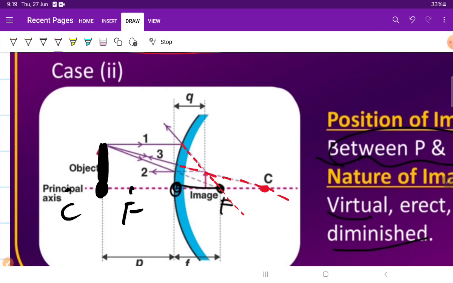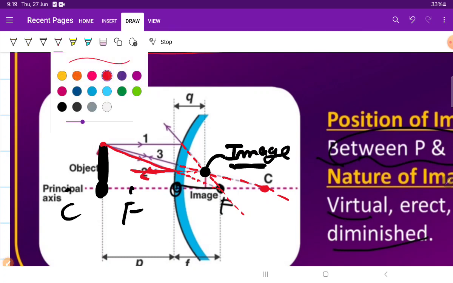Then if we imagine one more line that is coming from the other side and reflected back and becomes parallel to the principal axis. Now imagine the incident ray and the reflected ray. They all are meeting at this point, the meeting point of the image.